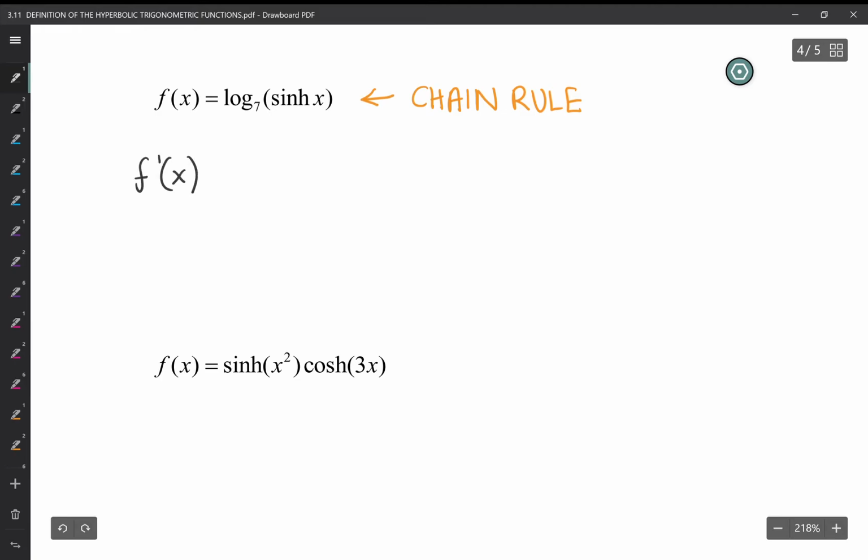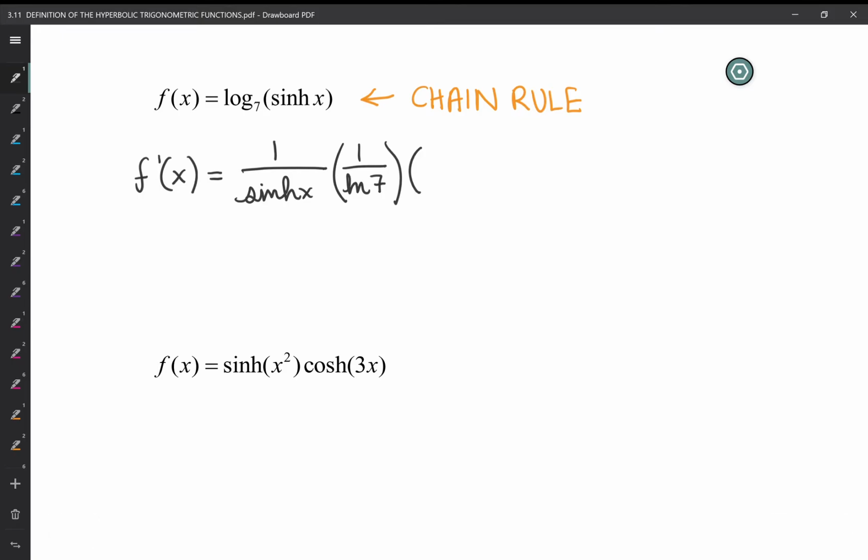So we have the derivative of log base 7 of x, which is equal to 1 over the inside function, so 1 over the hyperbolic sine of x, times 1 over natural log of 7, times the derivative of the inside function, so times the derivative of the hyperbolic sine of x, which is equal to the hyperbolic cosine of x.